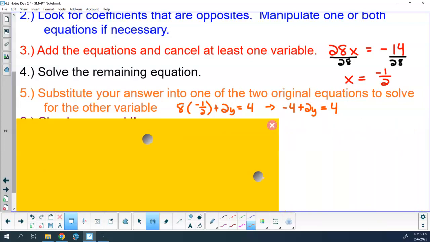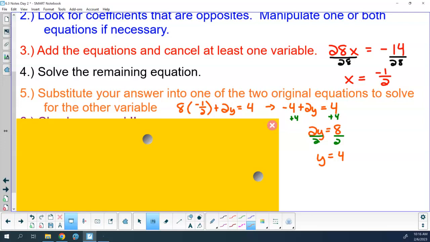Now what? Add 4 to both sides. 2y is 8. Divide by 2. y is 4. Now what?